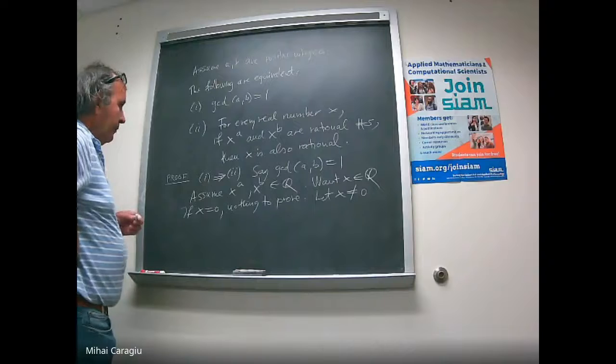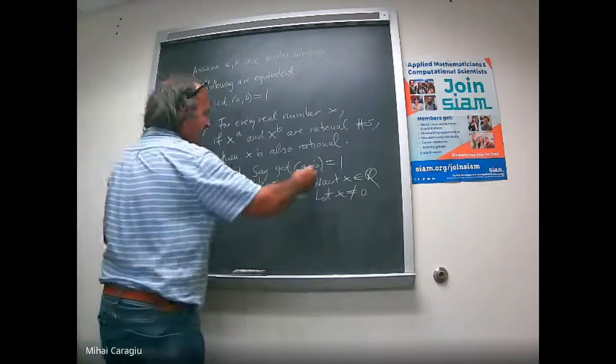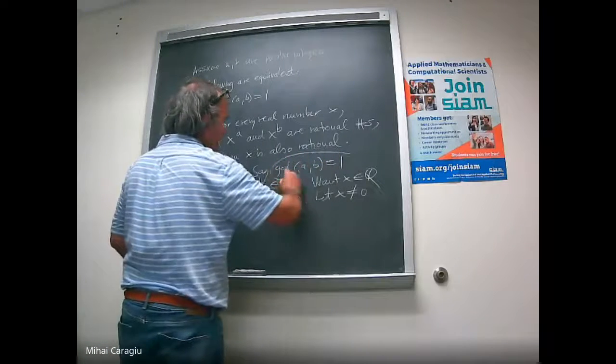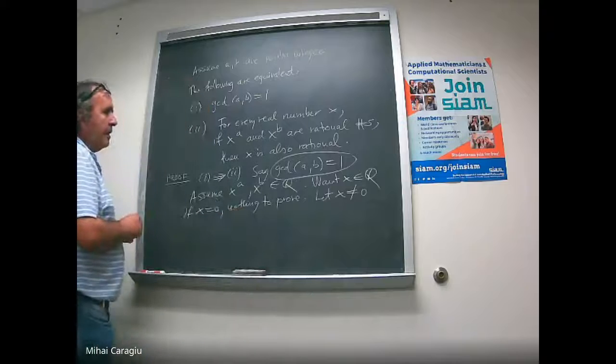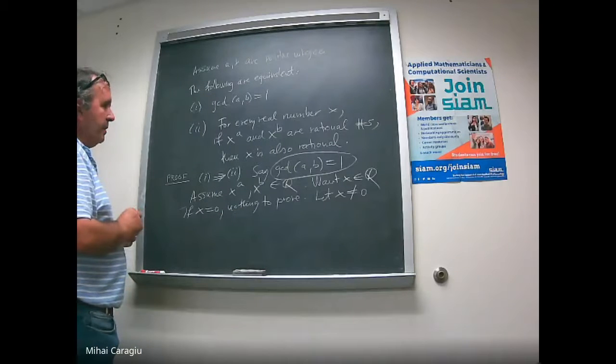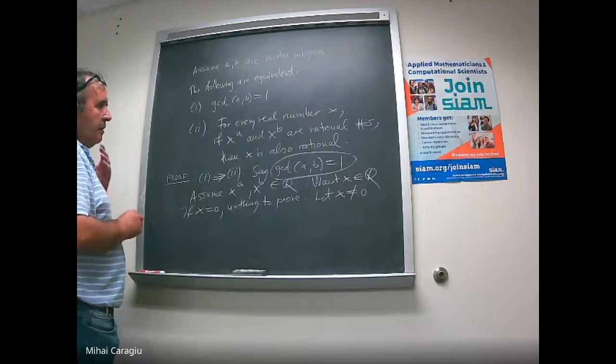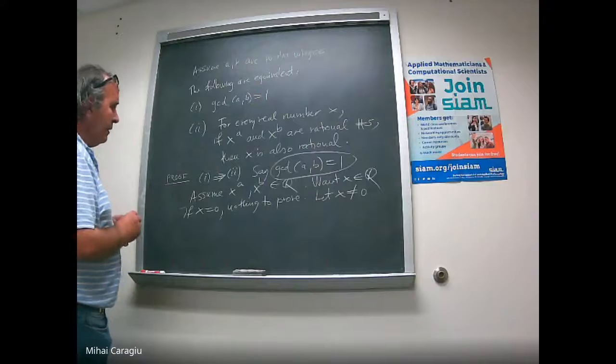Okay, now, a very important consequence of the fact that the greatest common divisor of the integers A and B is 1 is that there is an integer combination of A and B which produces 1.